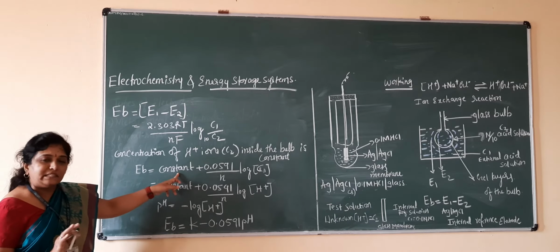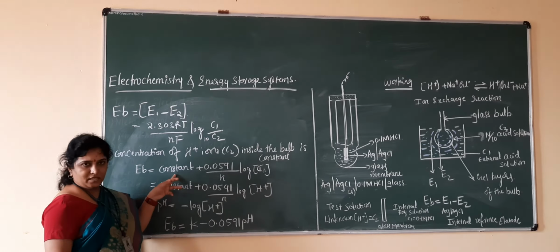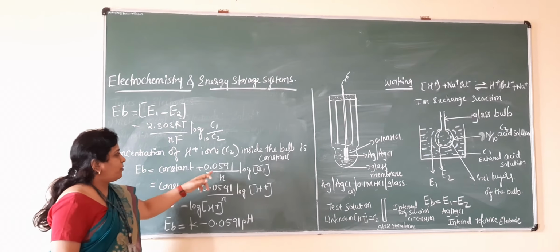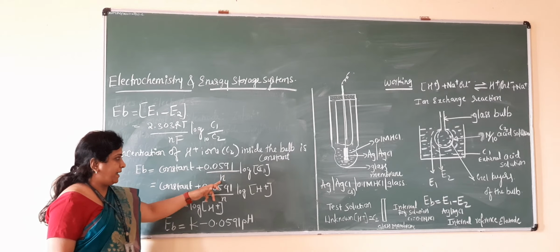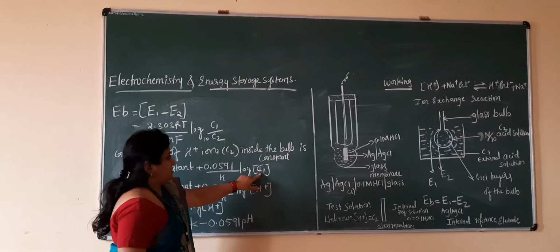We have taken it entirely as constant, so that constant is written here, plus 0.0591 by N log of C1. So the C1 concentration we have taken.